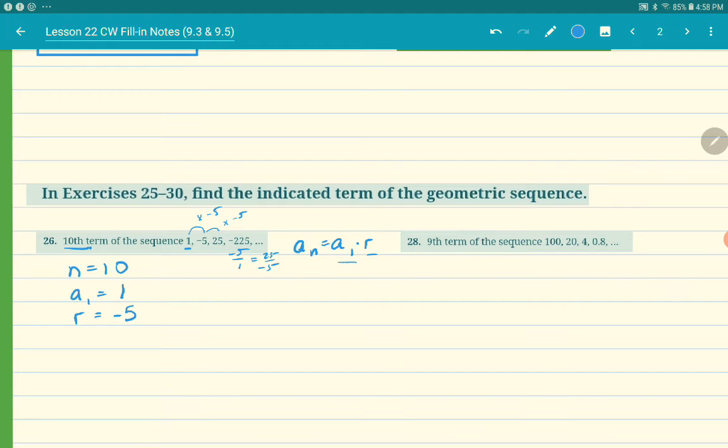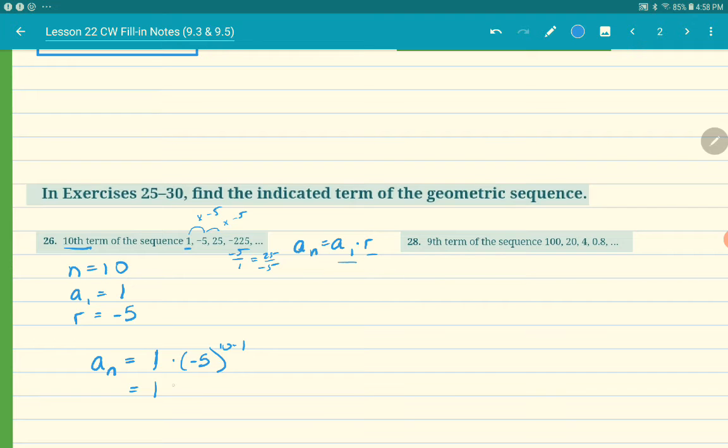So now that I have all three of those numbers, I can plug that in and find that the nth term is a1, which is 1, times the ratio, which is -5, to the power of n minus 1, which is 10 minus 1.